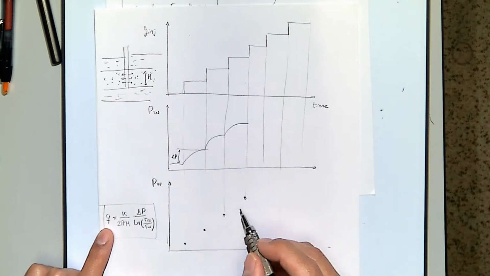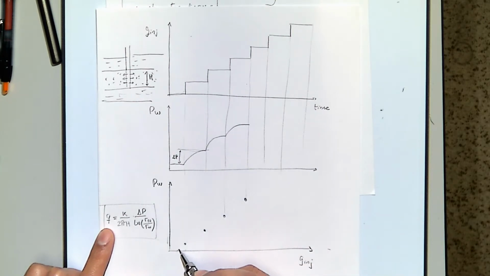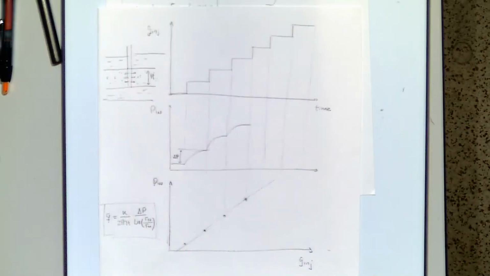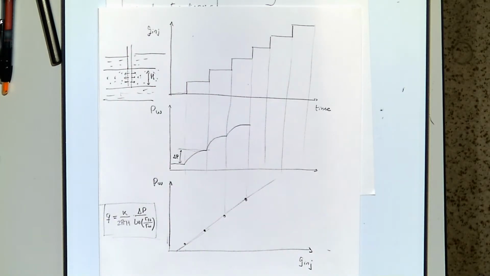So my question is now, is this linear trend going to hold forever as you keep going and now you inject at some very high injection rates? Do you think that the pressure is going to still keep that linearity? Yes, no?